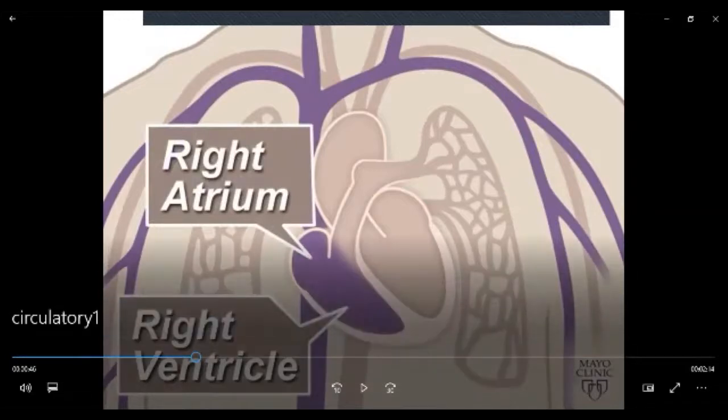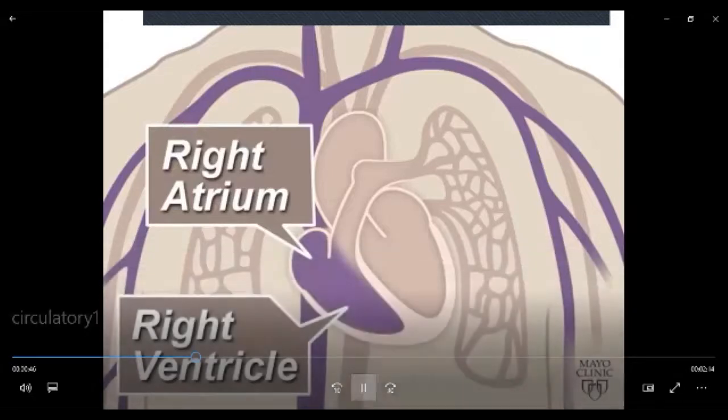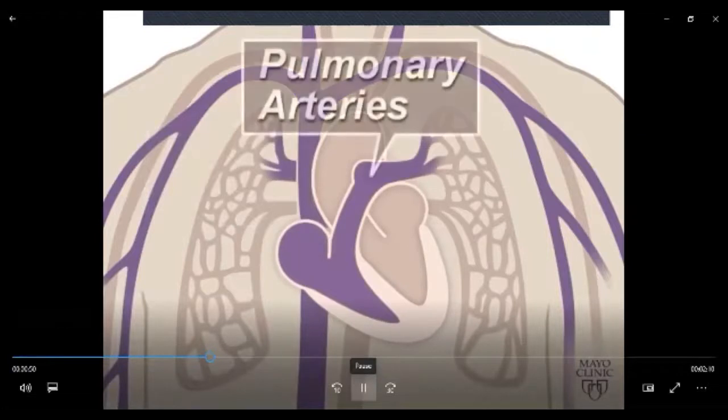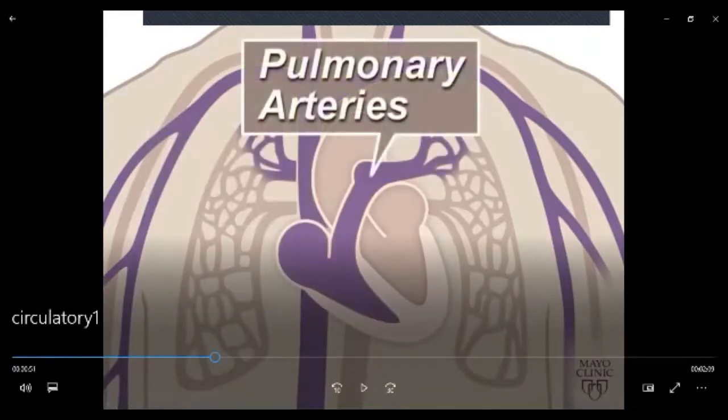The upper one we call the atrium, while the one at the bottom we call the ventricle. For the blood from our whole body, it will enter the right atrium first, then go to the right ventricle, and then from the right ventricle it will be pumped by the pulmonary arteries.